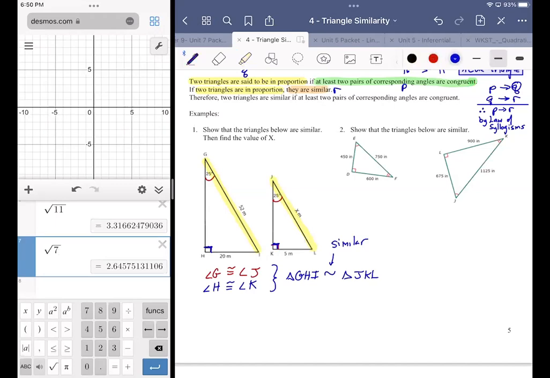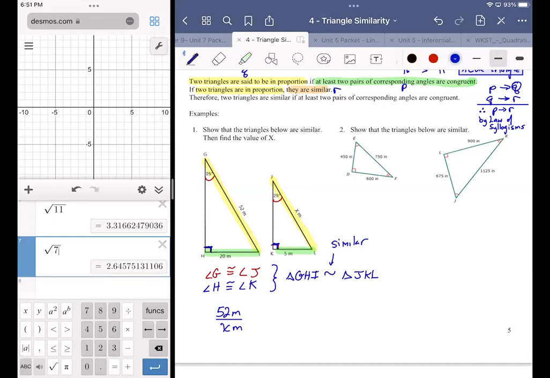So I could say 52 meters to X meters. And I could also make a ratio out of these two sides. I would make a ratio out of the other two sides, but I don't know any information about those.